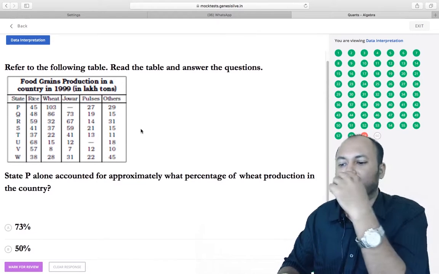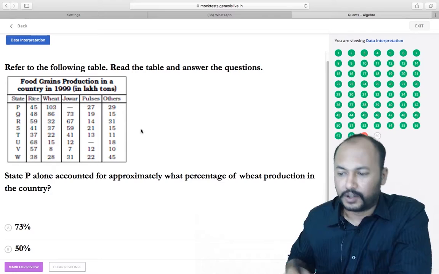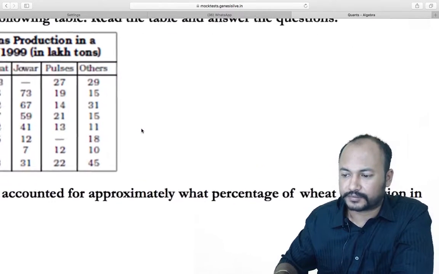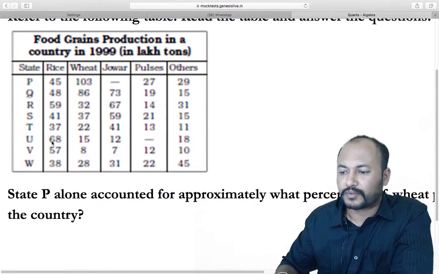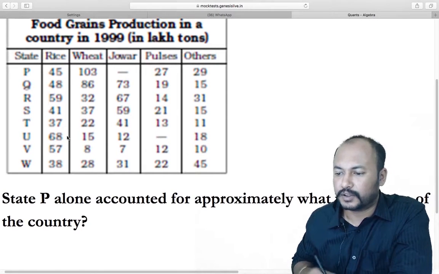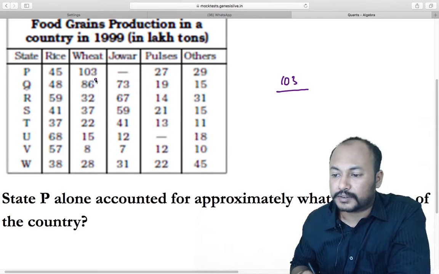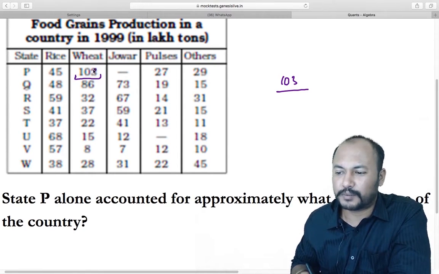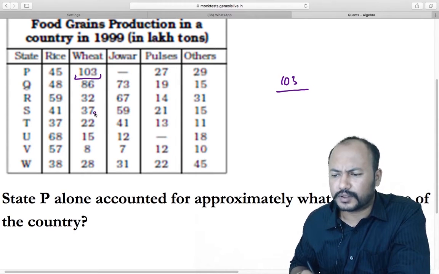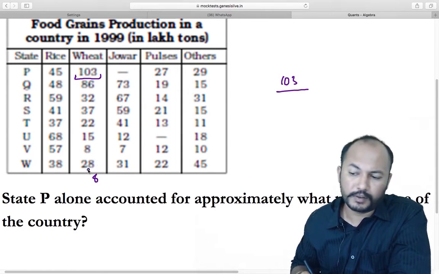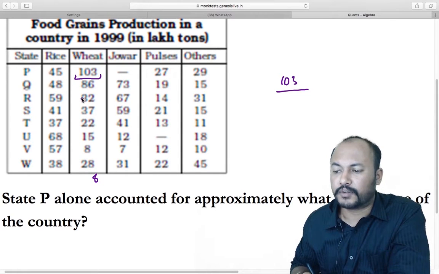We'll have to add everything once again. So 103 divided by the sum of this. Let's add, no other shortcut. 6 plus 2, 8 plus 7, it is 15, 16, 17, 17 plus 5, 22, 30, 38, 3 plus 2 will be 5, 6, 8, 11, 14 plus 22, 228.